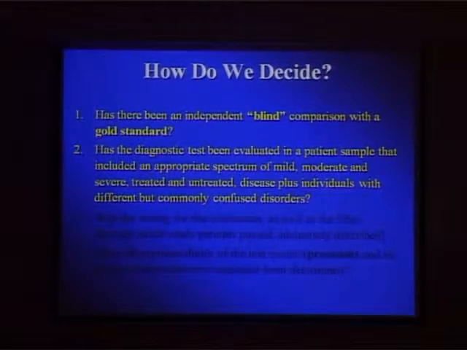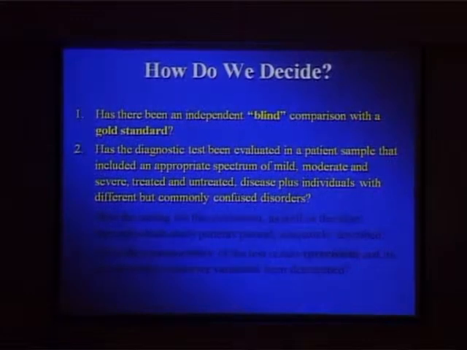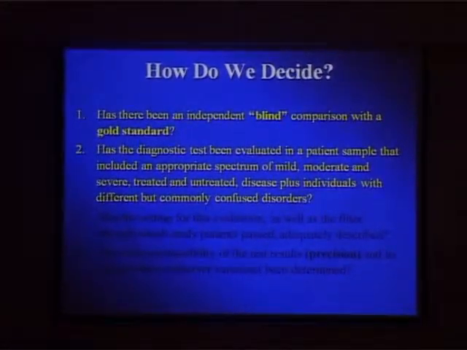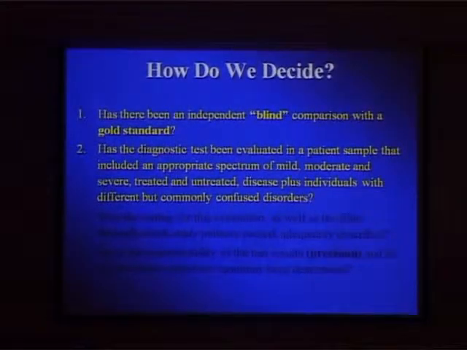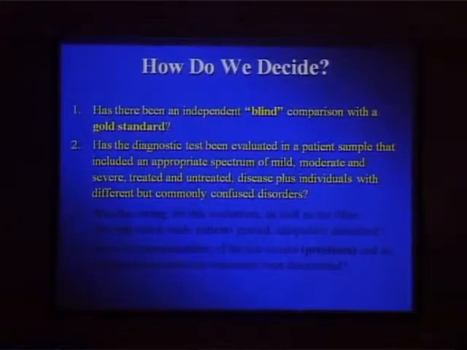The sensitivity of the test varies depending upon the spectrum of the disease you have chosen. If I take only mild glaucoma and put patients on HRT, the sensitivity would be too high. But when I go to clinical practice, the majority of my patients may have moderate glaucoma. Sorry, I was wrong. If I took only advanced glaucoma, the sensitivity would be too high, close to 100%.